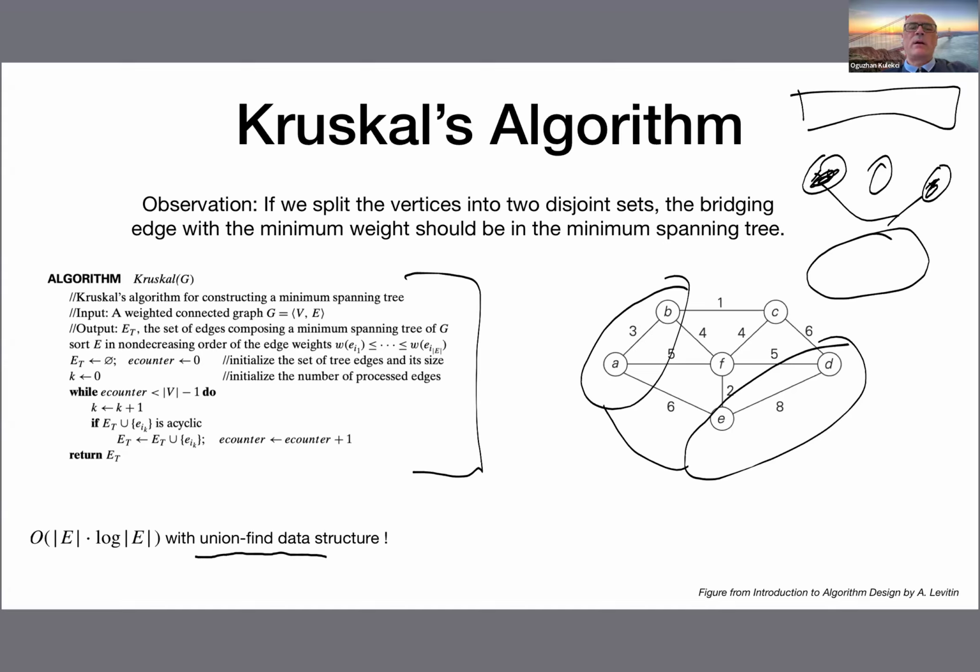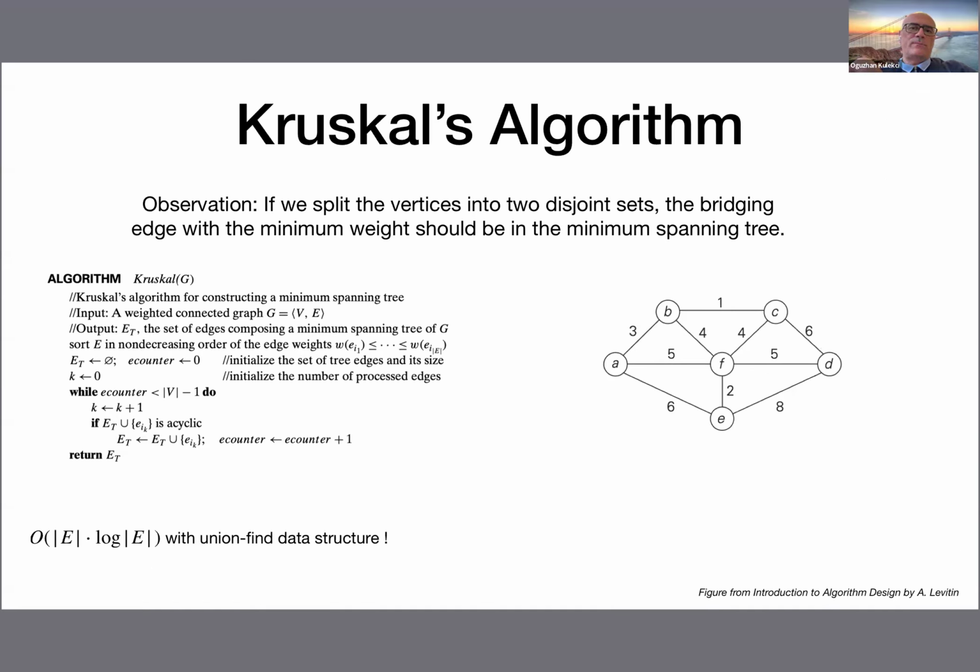By using a union-find data structure plus a min heap, we will have this complexity with Kruskal's algorithm. Very competitive to Prim's, but again, Kruskal's algorithm requires this union-find data structure for efficient implementation, which we will discuss later.